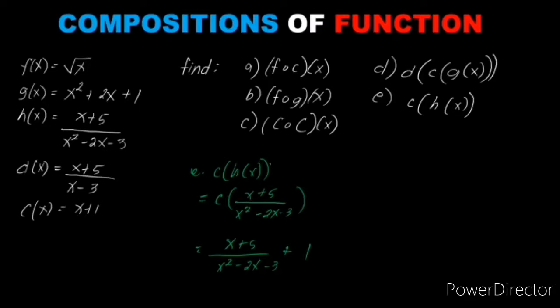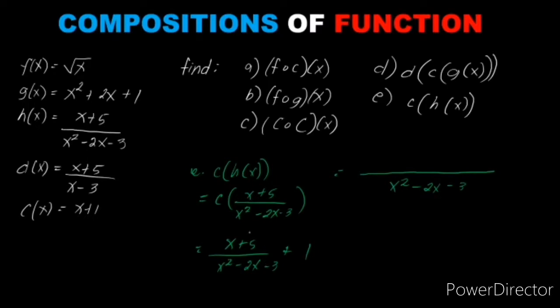Afterwards, i-add natin siya by getting the LCD. So, yung LCD natin ay x squared minus 2x minus 3. So, x squared minus 2x minus 3 divided by x squared minus 2x minus 3 is equal to 1.